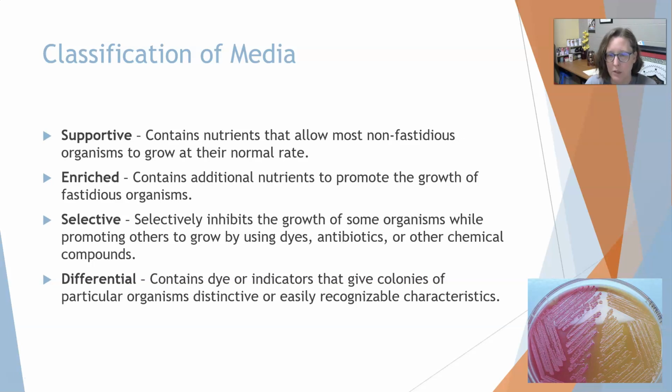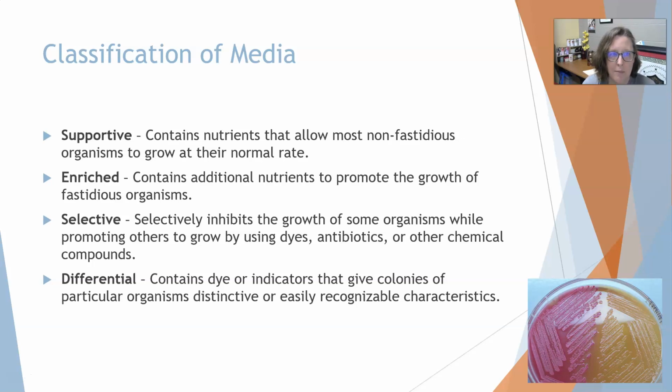They grow very happy to grow on agar, and they grow pretty quickly and easily. Enriched media contains additional nutrients to help the fastidious organisms to grow. So it provides the proper nutrition for the picky eaters in the bacterial world.